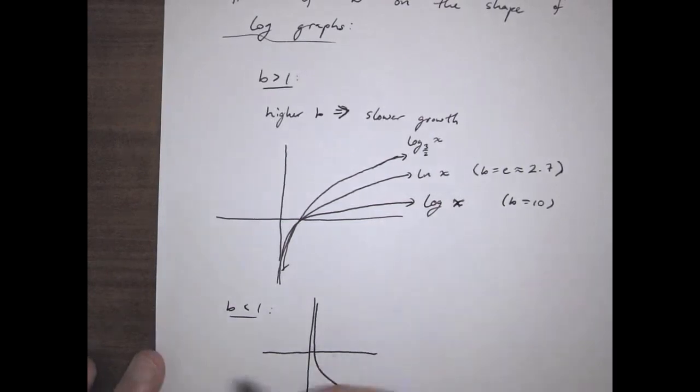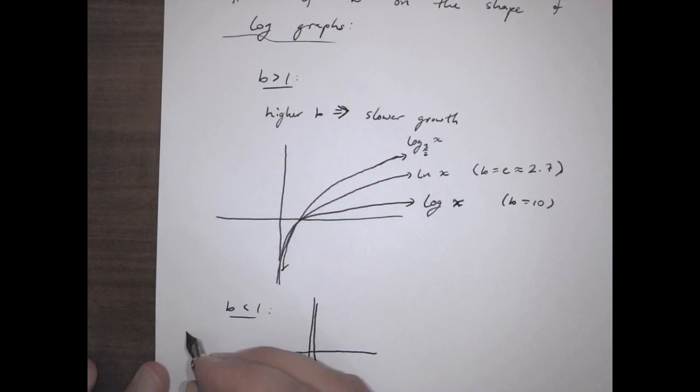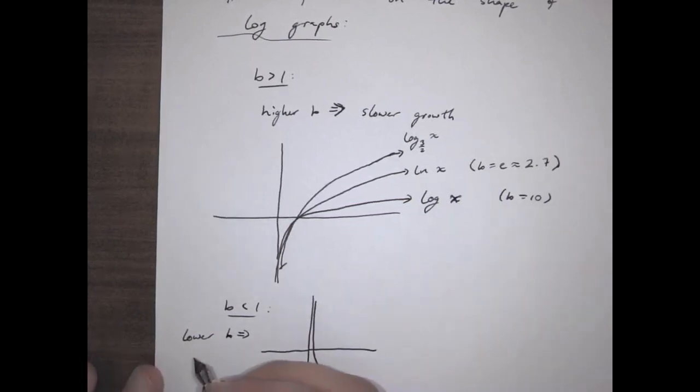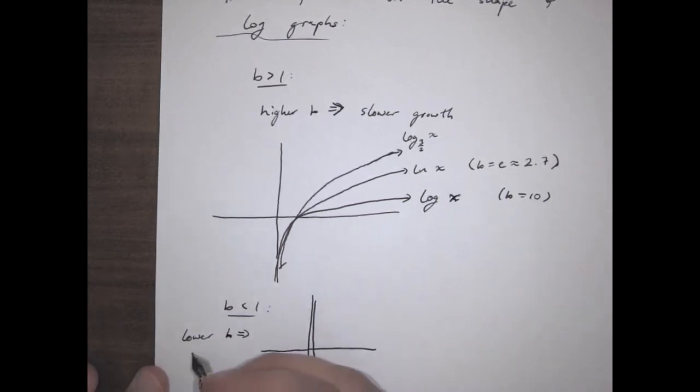So we should say if b is less than 1, lower b implies slower negative growth.